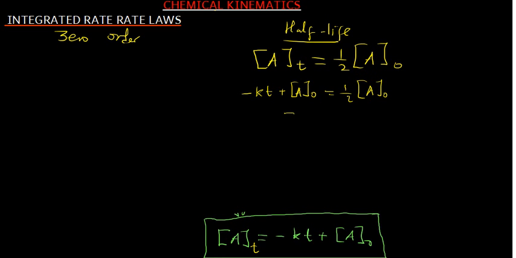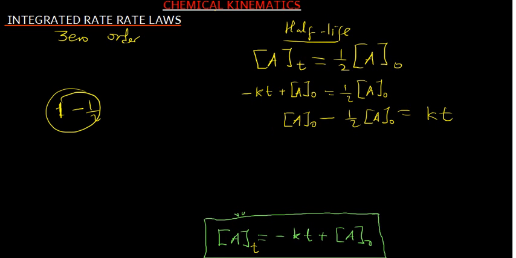So that will be the initial concentration minus, this becomes minus because it's crossing the equal sign, half of the initial concentration, is equal to, this becomes positive when it goes to the other side, kt. And so if you subtract 1 minus half, we are going to get a half.